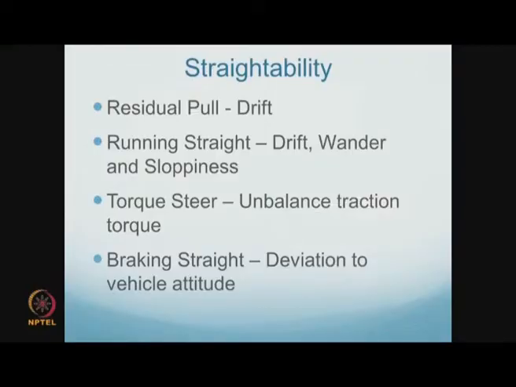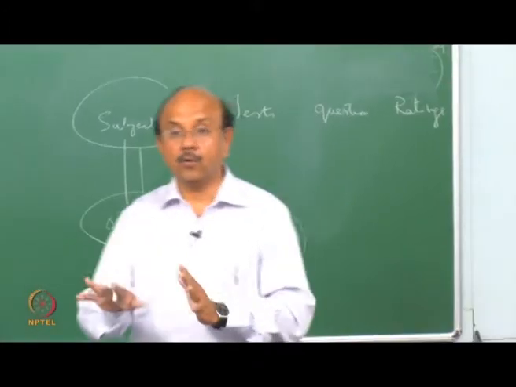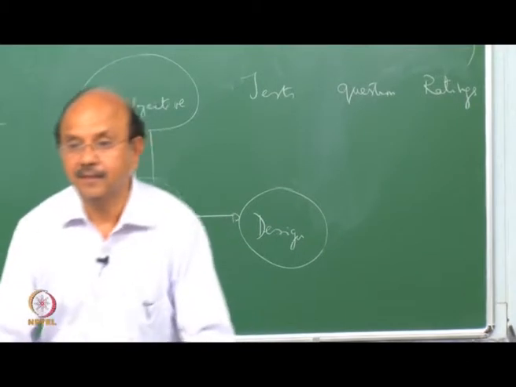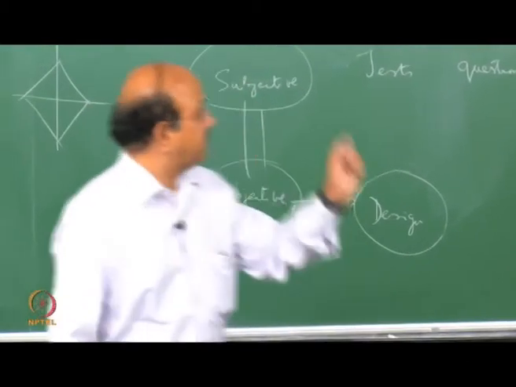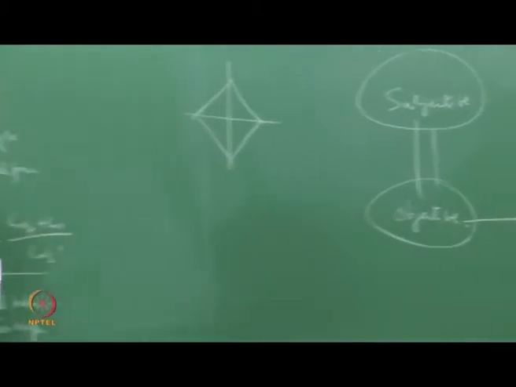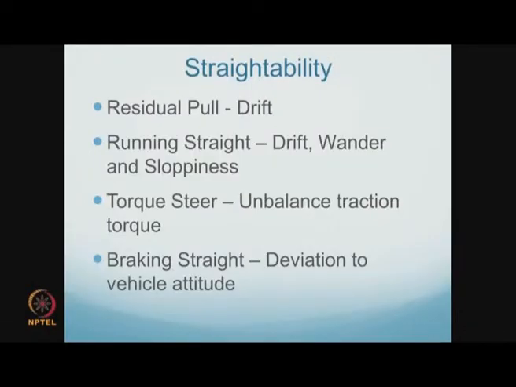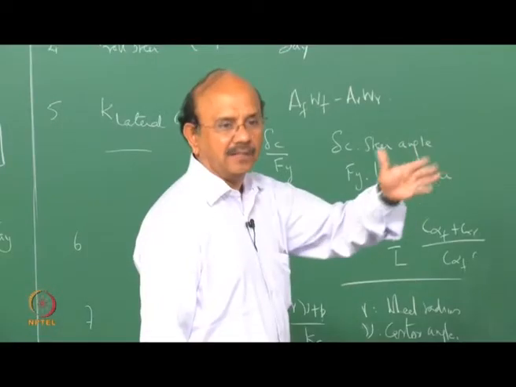Then running straight, this is one of the reasons for it not to go to one side. Then there can be other things. When you run straight, the tire may not be the reason for it to drift. There may be other reasons.